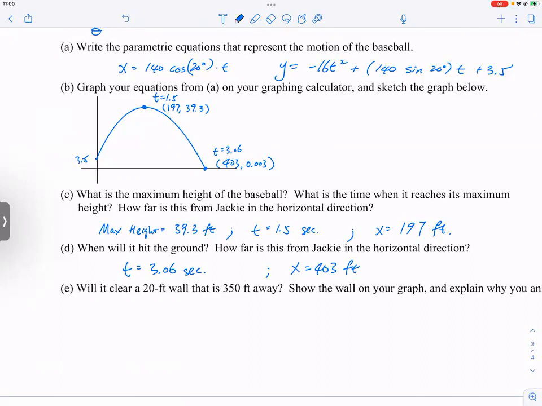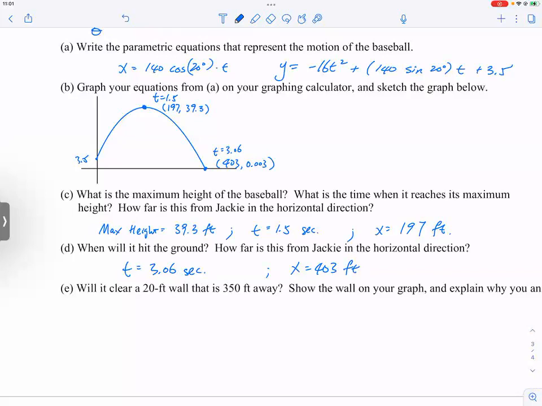And would it clear a 20 feet wall that is 350 feet away?